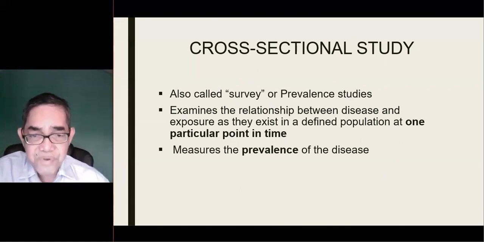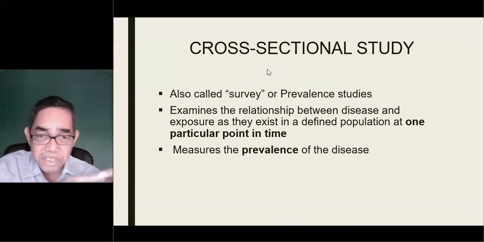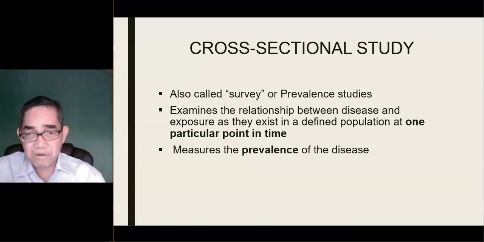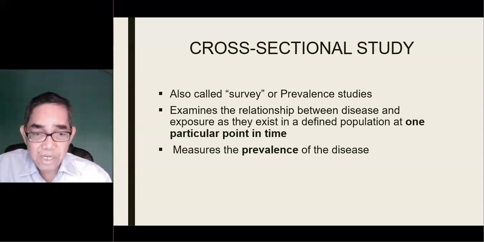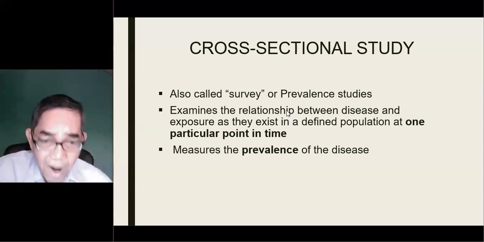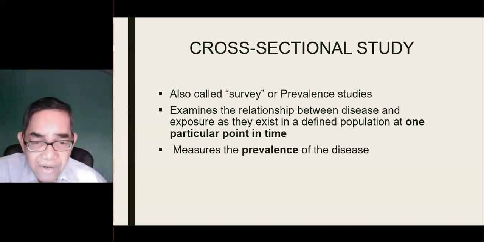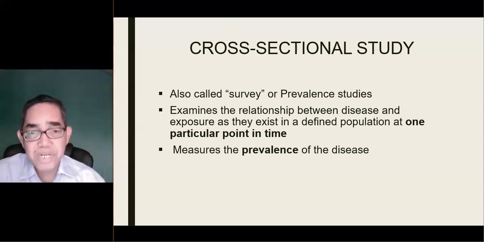And the difference between a cross-sectional study that's descriptive and one that's analytic is that in a descriptive cross-sectional study, you don't examine relationship. You just describe the population, the characteristics of that population.